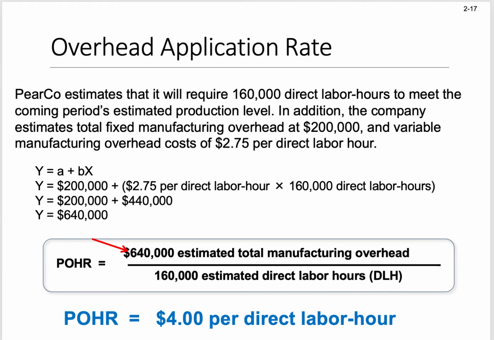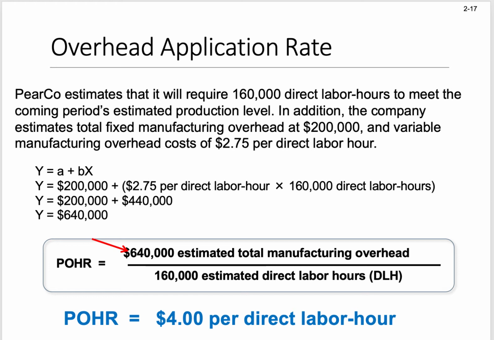Look at an example of how we calculate the predetermined overhead rate versus how we apply it. As a quick review, let's look at how we first determine the predetermined overhead rate. Here we have Parent Company.